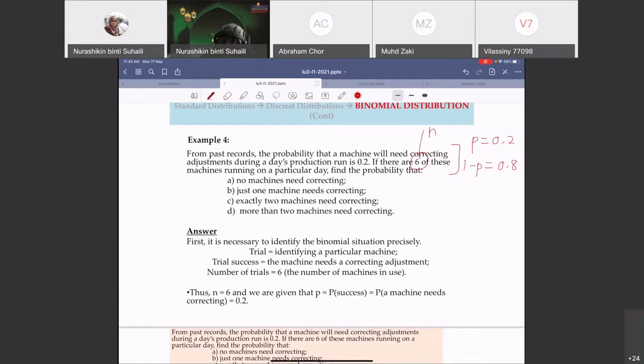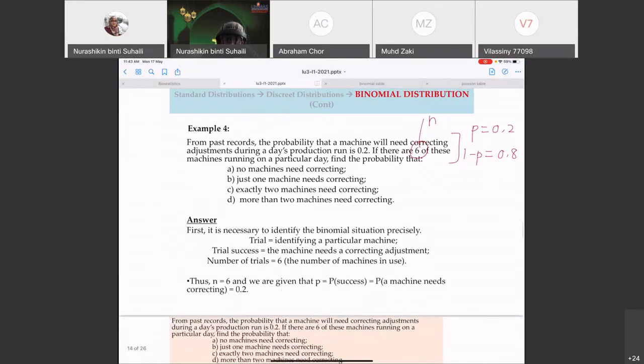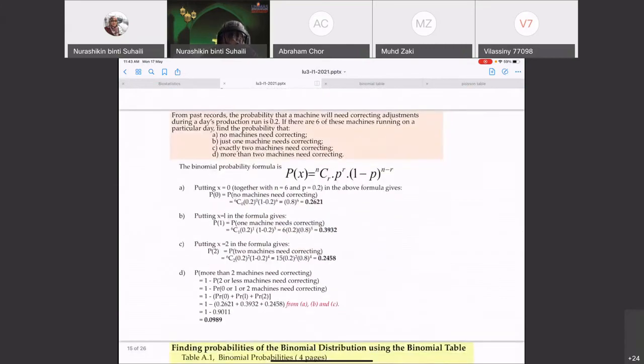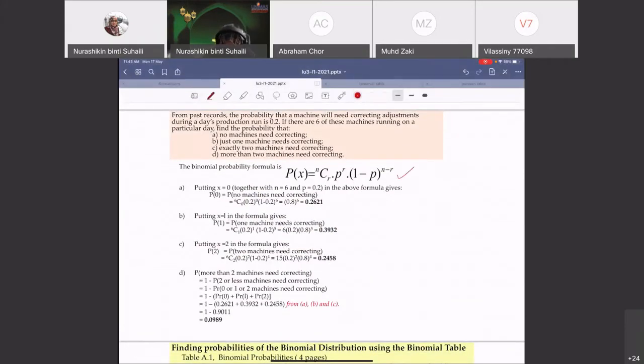So how do we want to analyze this problem? Let's have a look at the solution. We apply this formula to find the probability. The P is 0.2, we have identified that.